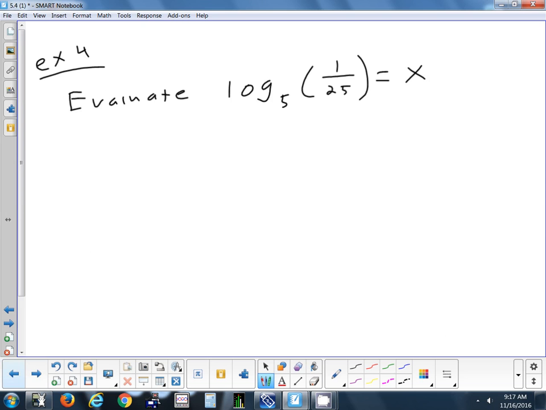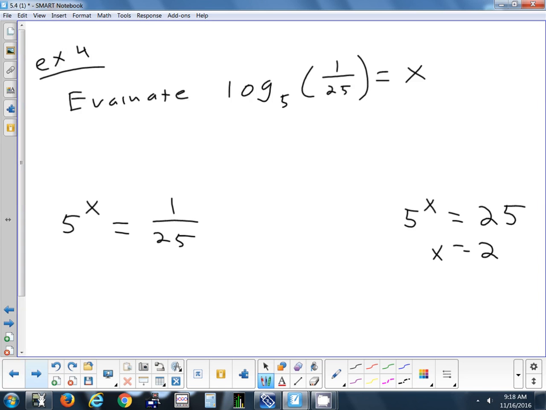All right. So actually this one's almost identical to what I just did. My base is 5. What's my exponent? X. And that's equal to what goes on the other side. Now, let me go back to the other problem for a second. What did we get for x in that problem? 2. Now, here you don't want 5 to the x to equal 25. You want 1 over 25.